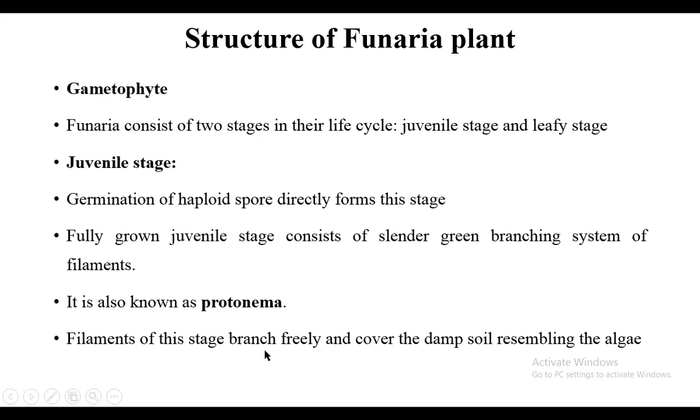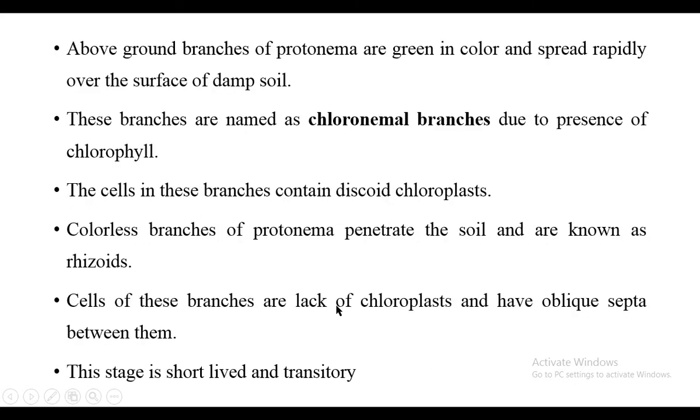Filaments of this stage branch freely and cover the damp soil, resembling algae. Above ground, branches of protonema are green in color and spread rapidly over the surface of the damp soil. These branches are named chloronemal branches due to the presence of chlorophyll.